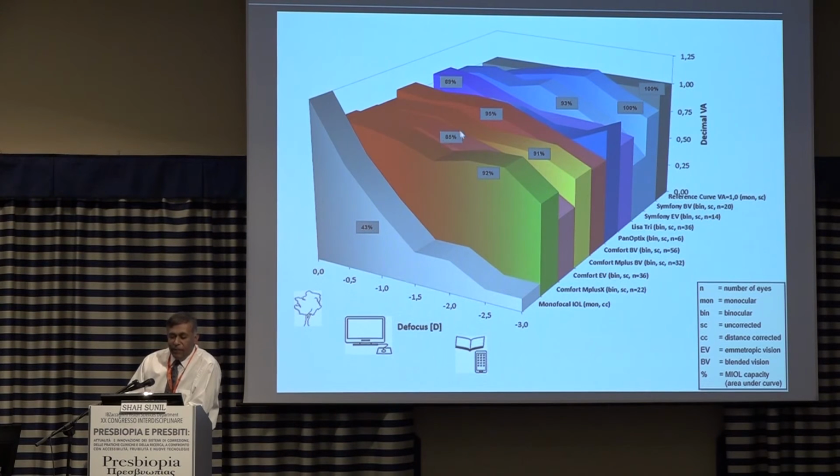These patients will have good distance and good intermediate. They actually have better intermediate than somebody who's got a higher add in the other eye, but they won't read as well. But these patients get very little dysphotopsias. A 1.5 add lens gives you next to no dysphotopsias.